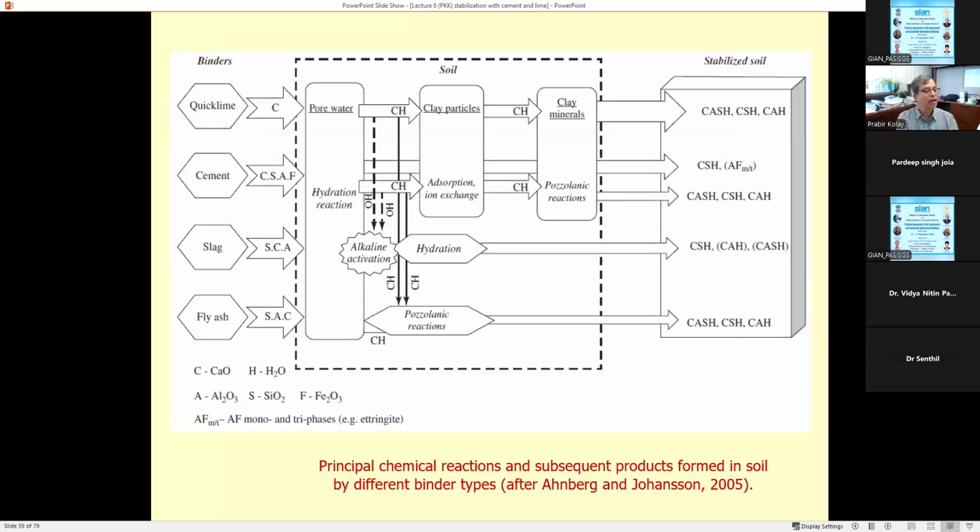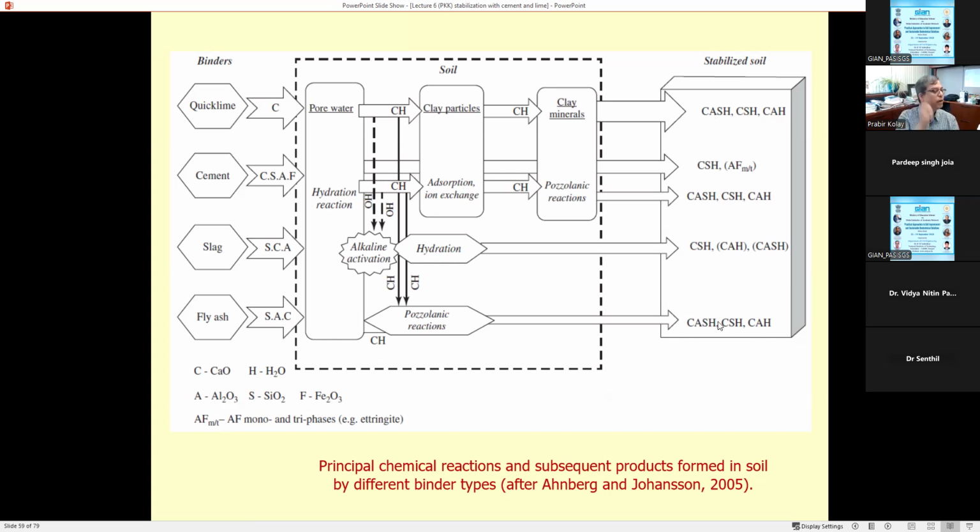This is another guideline also, Arnberg and Justin. You see the binder: quicklime, cement, lime, or slag. What is happening ultimately is different reactions: hydration reactions, alkali activation, pozzolanic reactions take place. And ultimately it forms calcium aluminate silicate hydrate, calcium silicate hydrate, or calcium aluminate hydrate. Here is the ettringite form, and calcium aluminate.